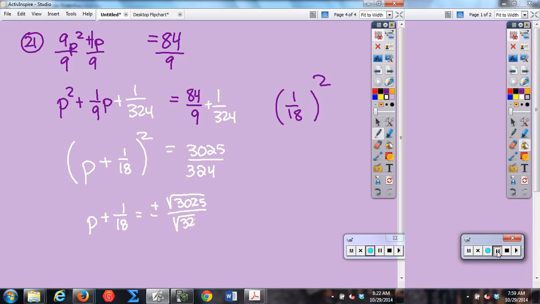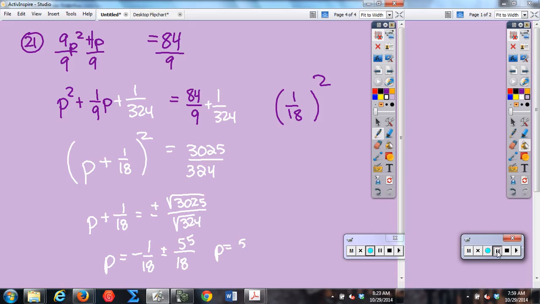So when I subtract this, this was 55 and this was 18, right? But now you have to remember to finish, so I need to do negative 1 over 18 plus 55 over 18, so 54 over 18, right?